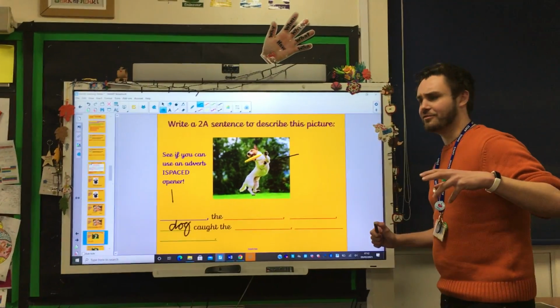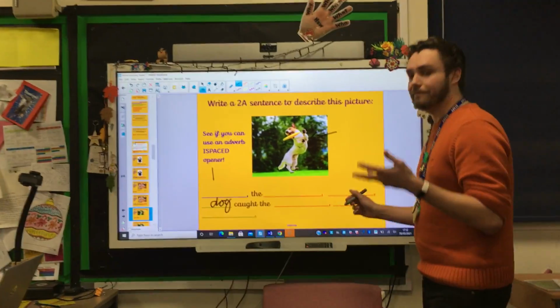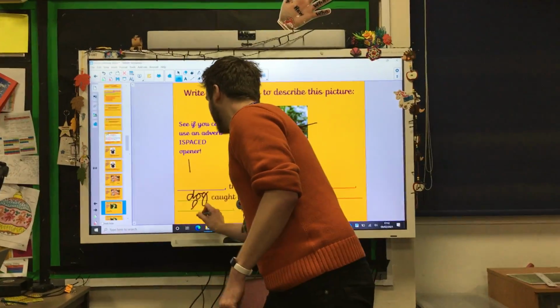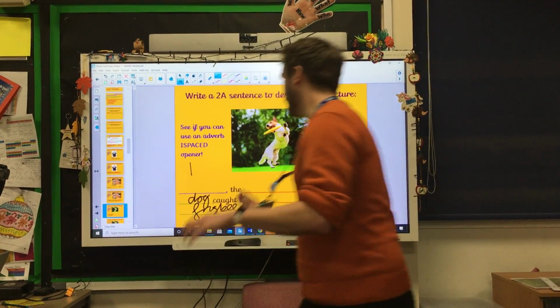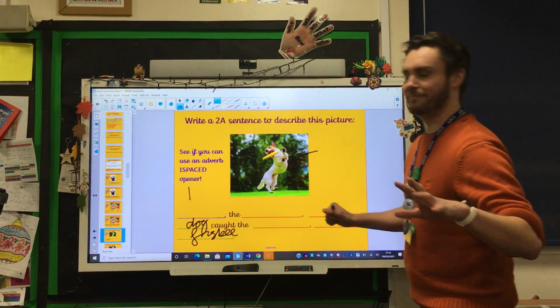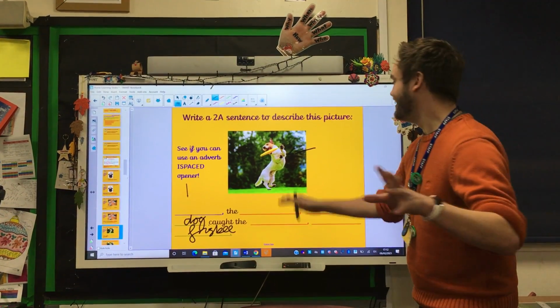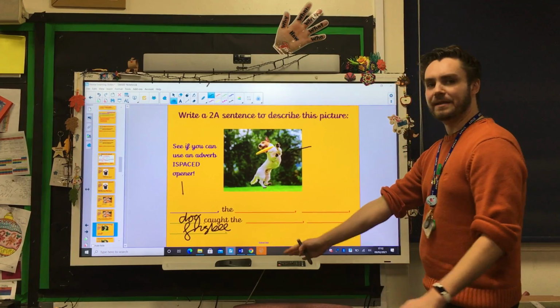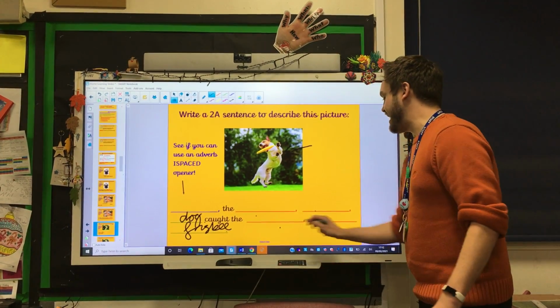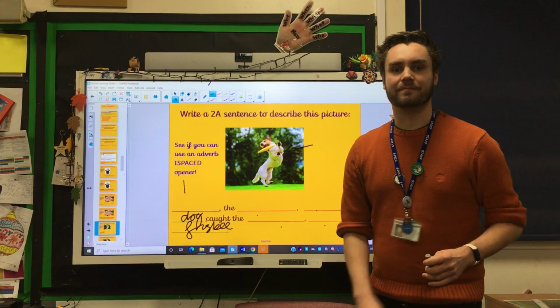And what is it catching? Well, hopefully most of you can tell me it's catching a frisbee. With that in mind, describe the dog, describe the frisbee. That's why I'm leaving the red there. Pause it and come back to me.